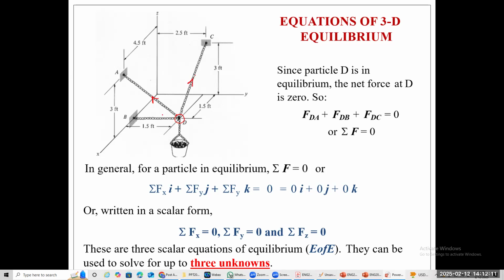This one is not included. The only thing we need to know about it is the weight that comes down on it.